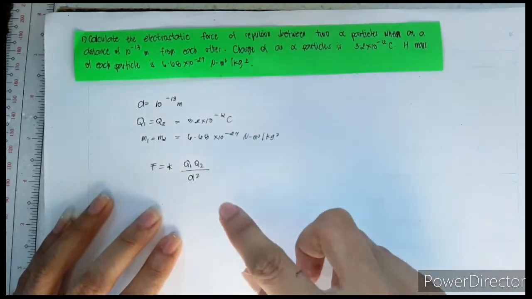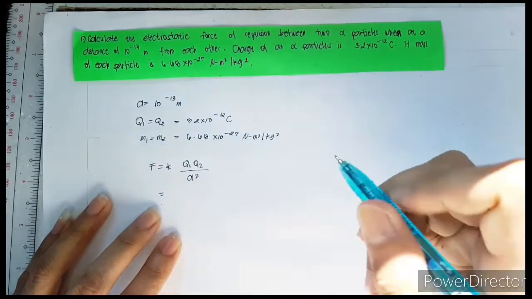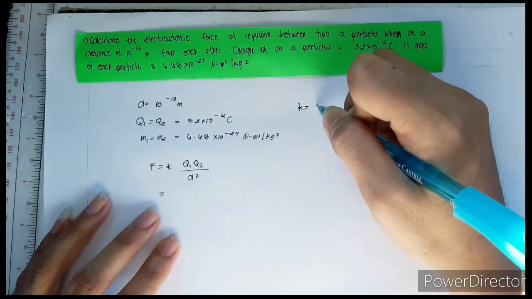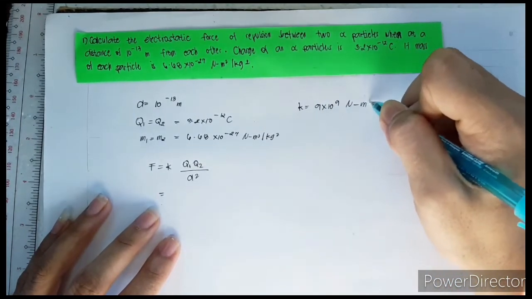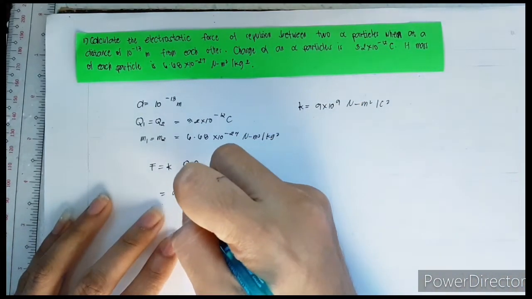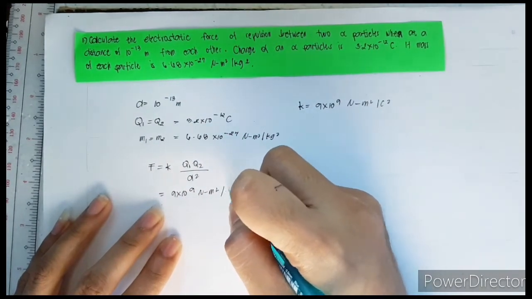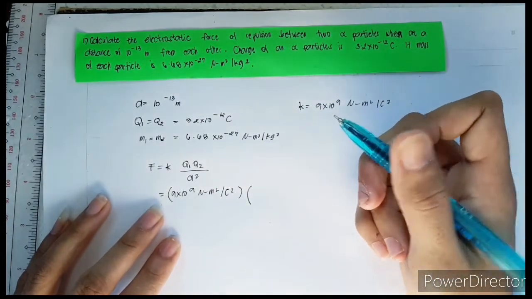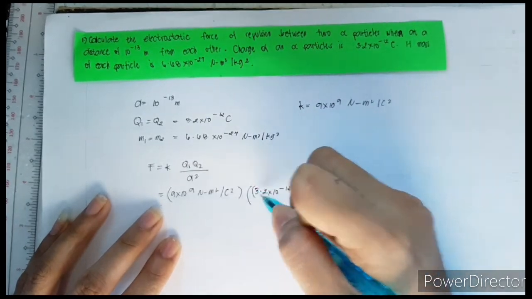So substituting all the given values to the formula, for the value of the constant, we have here K is equal to 9 times 10 to the power of 9 Newton meter squared per coulomb squared, multiplied to, for our Q1, 3.2 times 10 raised to negative 12 coulombs.